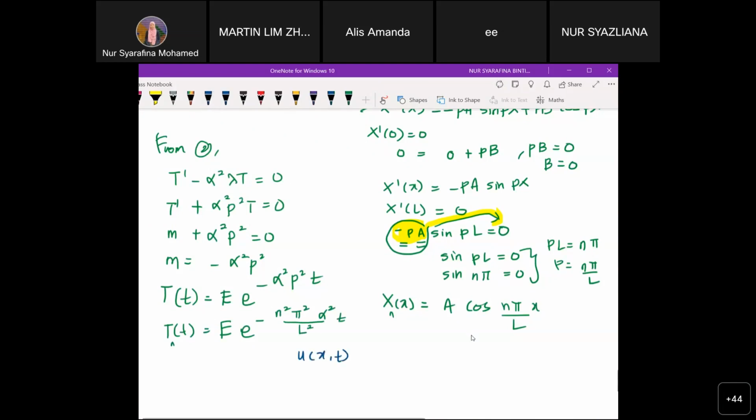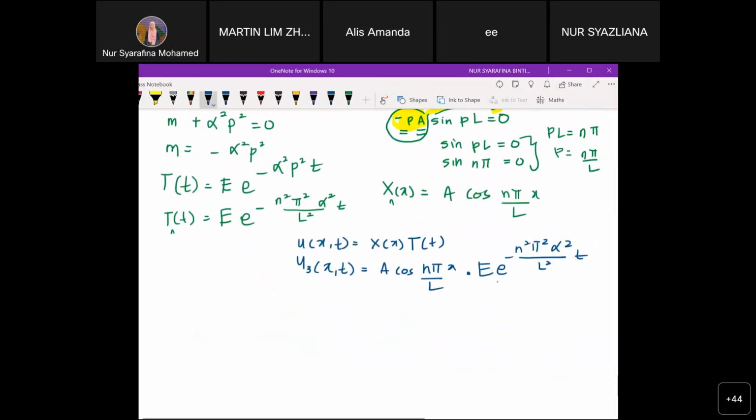u(x,t) equals X times T. Then the third solution gives you u3. X is A cos n pi x over L times e exponent negative n squared pi squared alpha squared over L squared t. Okay, and here consists of a sequence of n, and this is a constant.